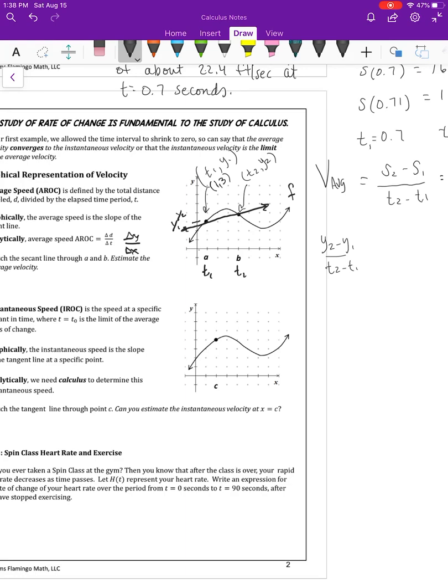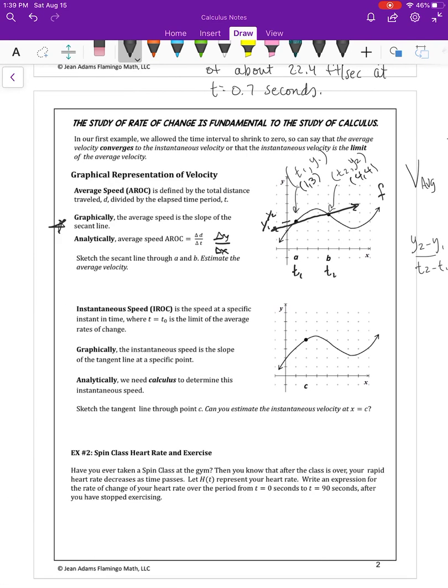And then this would be 1, 2, 3, 4, comma, 1, 2, 3, 4. So this is like the point 4, 4. If we were going to estimate that velocity, it would be 4 minus 3 over 4 minus 1. So it looks like 1/3. That would be our estimate for our average speed.